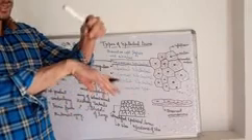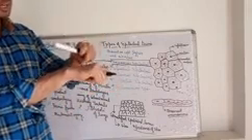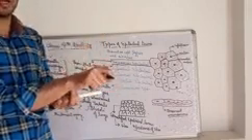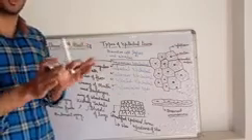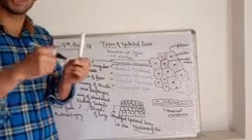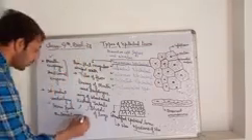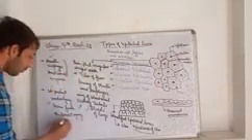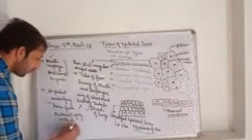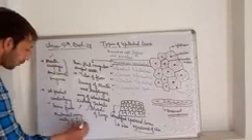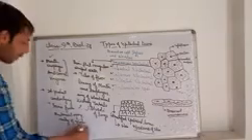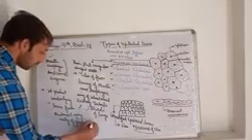Stratified epithelial tissue protects the underlying tissues. In the esophagus, it will protect the underlying tissues not only from mechanical injury, but also from the entry of germs and also the entry of chemicals.